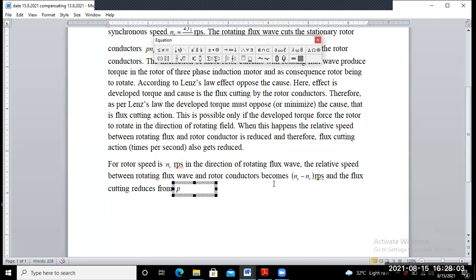P is the number of poles of the three-phase induction machine, a motor, and ns is your synchronous speed at which the rotating flux wave rotates.